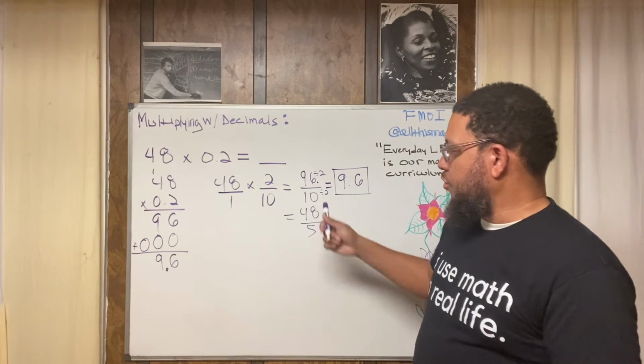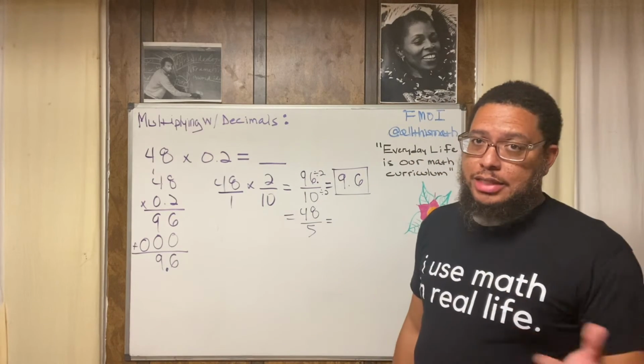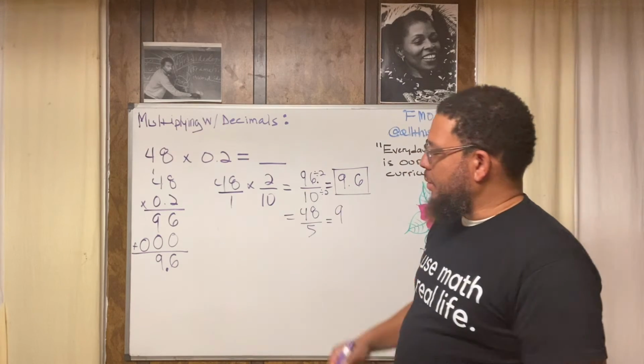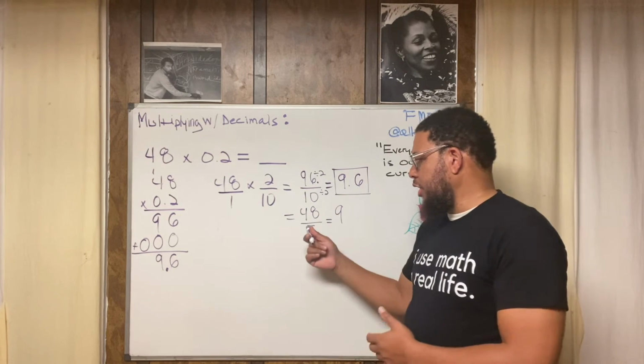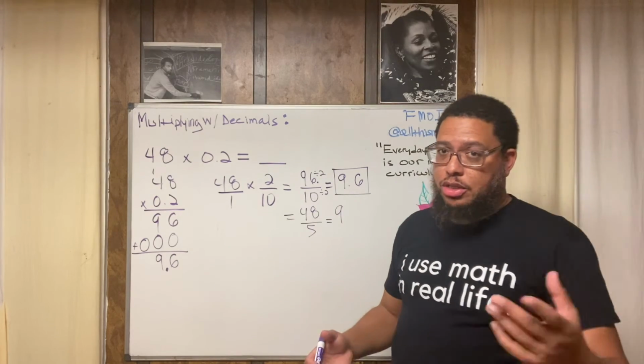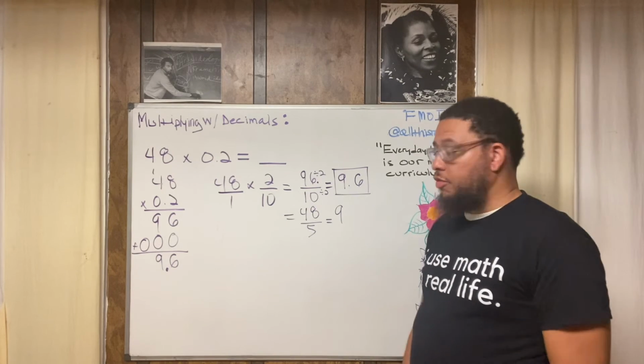So how many 5s can fit into 48? 9, because I know my multiplication facts. I know 9 times 5 is 45. So this is going to be 9. That's my whole number. But how many are left over after you do 9 times 5 and get up to 45? The difference between 48 and 45 is 3. Difference means subtract. 48 minus 45 is 3.